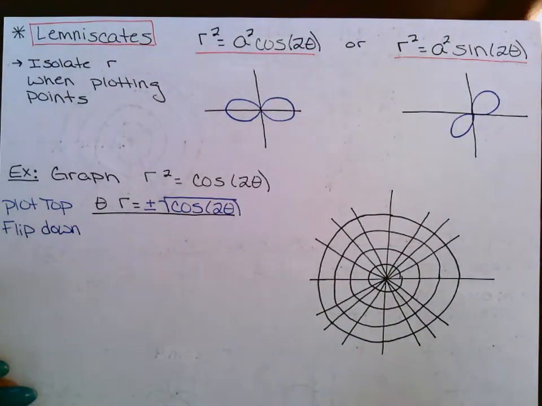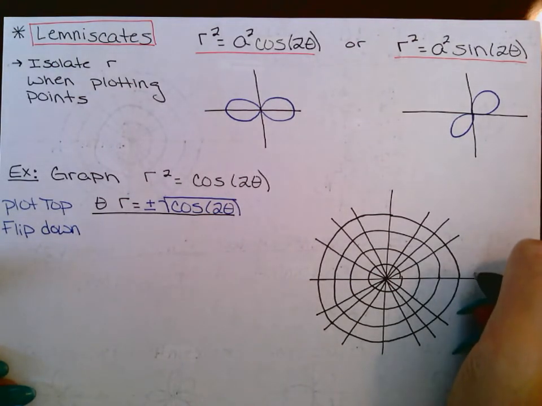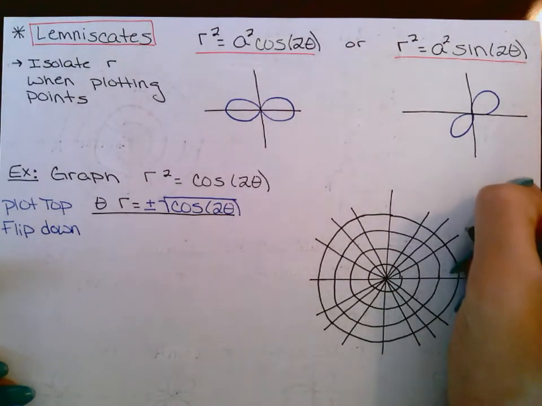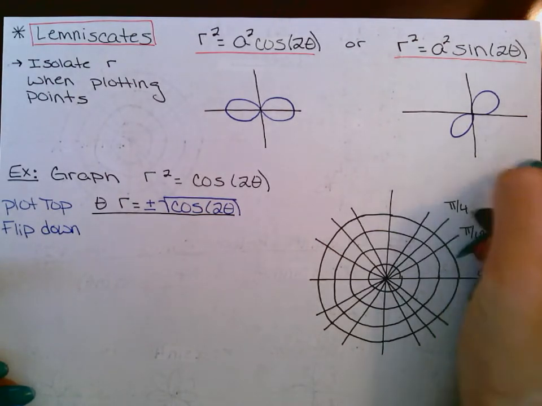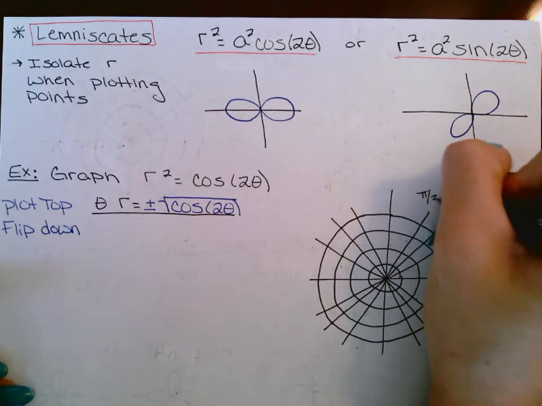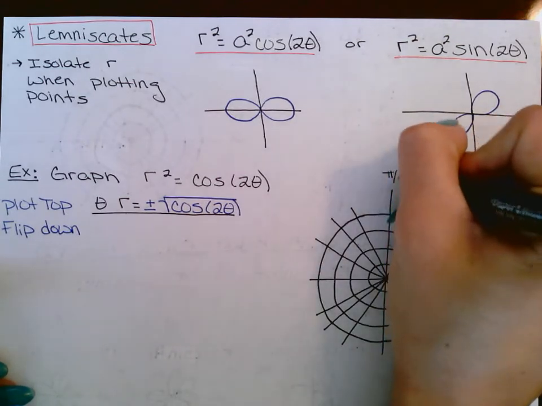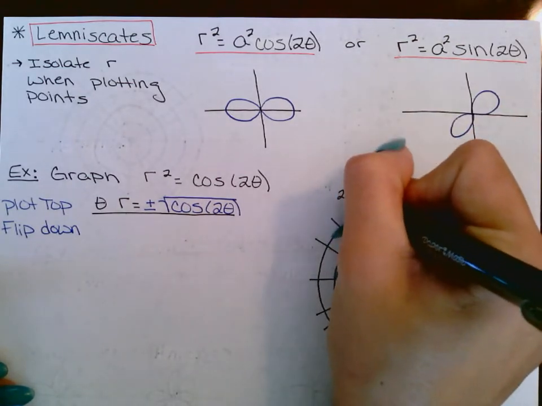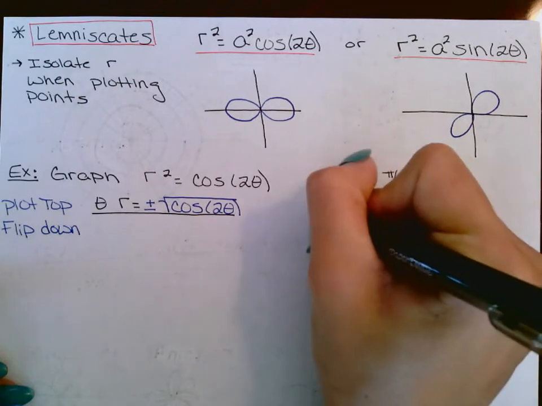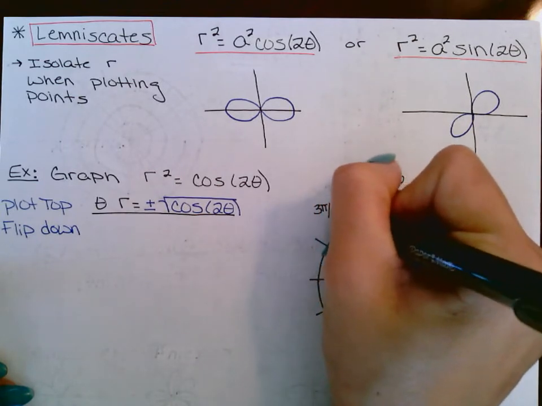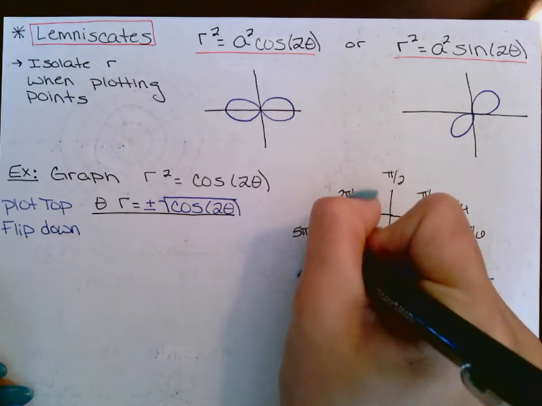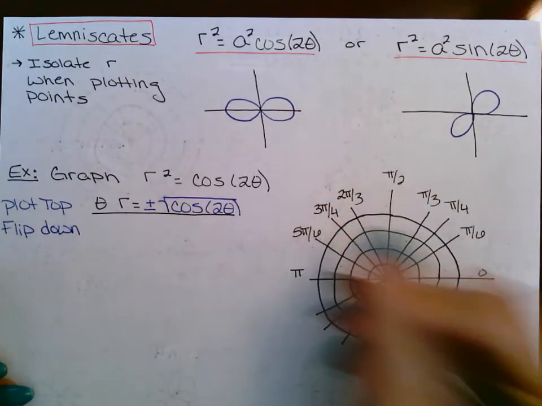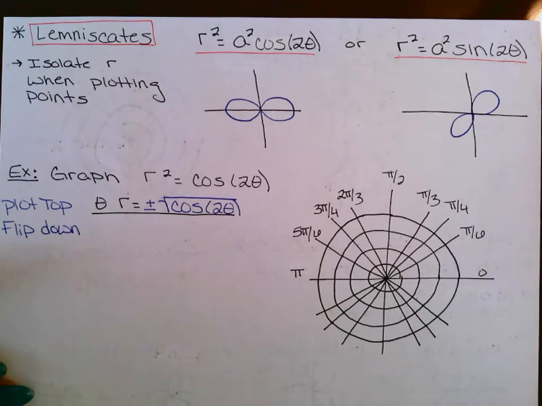Okay? So my top goes from 0 to pi. Let's take a minute and write that in. And then we'll just mirror it down for the rest, okay?